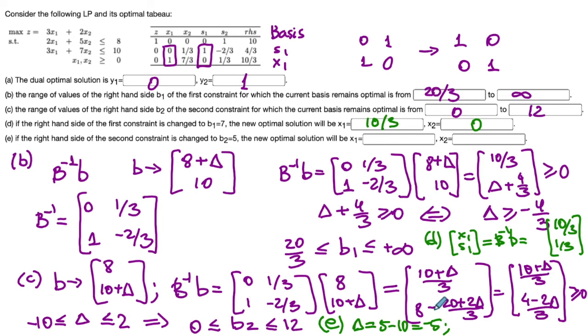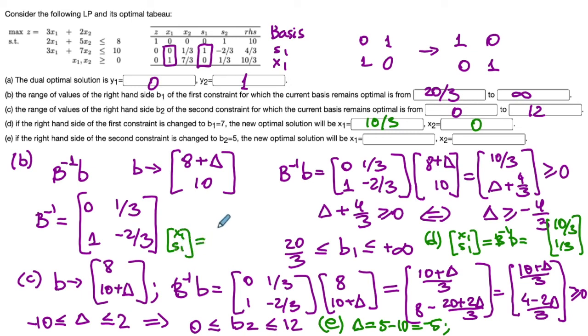And the new optimal solution is going to be obtained by just plugging in delta equal to negative 5 into this expression for B inverse times b. Right? So we see that we are within the range. Delta equal to negative 5 is clearly greater than negative 10 and less than 2. So all I need to do is compute the new optimal solution.